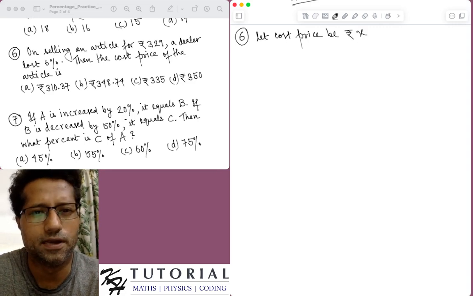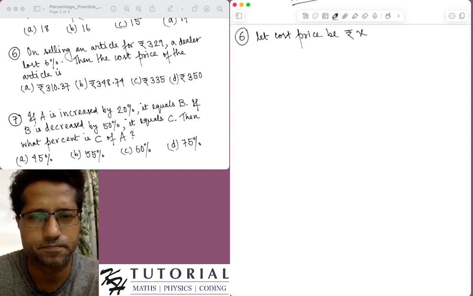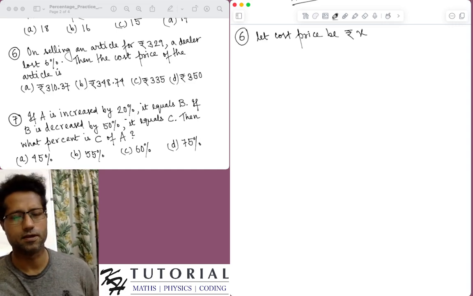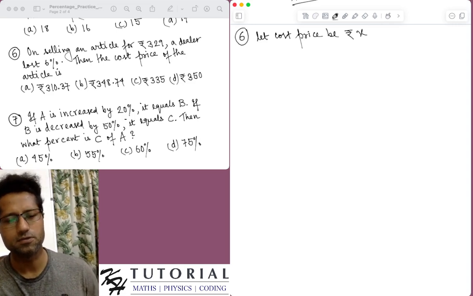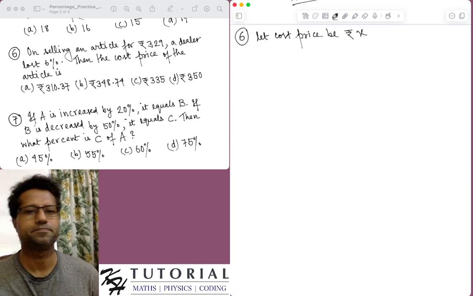Now, this 6% is based on the cost price. So, these are the small things you need to understand very carefully. When it is saying that he lost 6%, 6% means 6% of the total cost price.